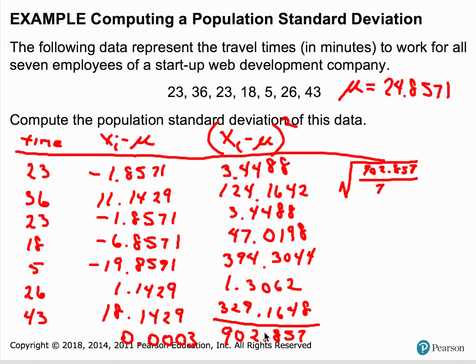And yes, I could divide this by 7 and then put it in the square root, but once again, the more and more you round, the farther off you get from your value. So I'm going to do the square root all in one step of 902.857 divided by 7 for 11.36, rounded to 2 decimal places. Always pay attention to where they ask you to round. And that's sigma, or the population standard deviation.